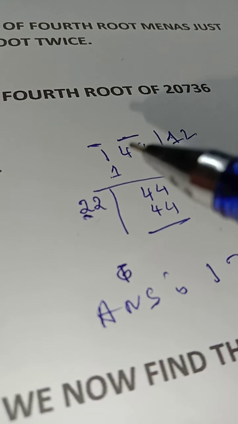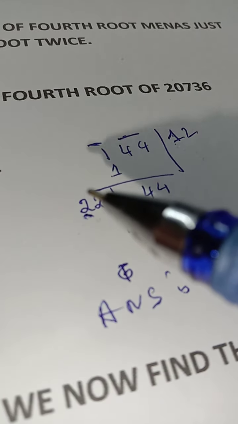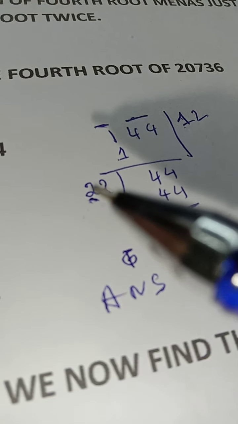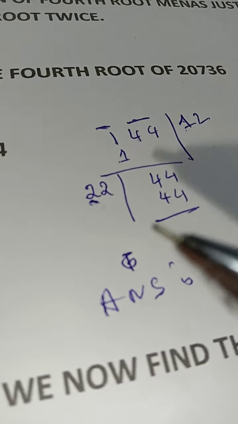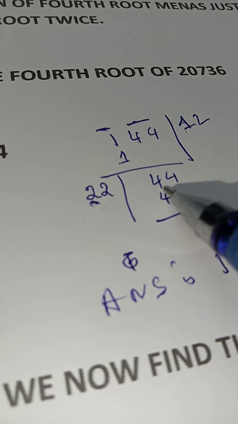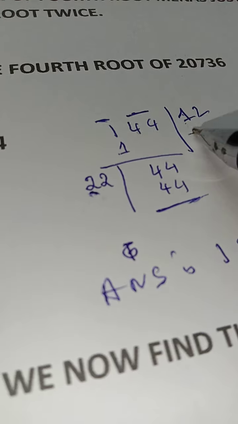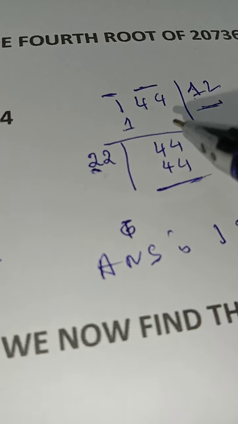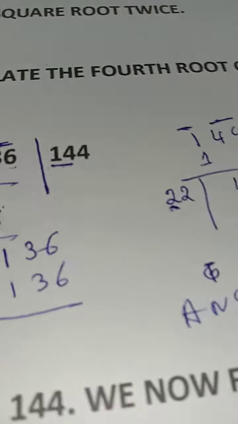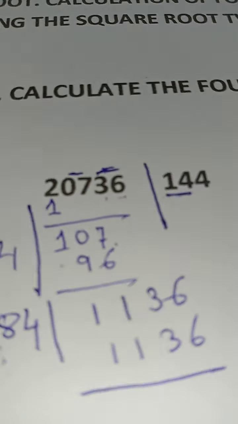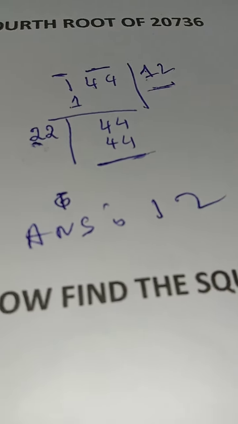And then you put the 44 together and get a number such that when you multiply the whole thing by 2, it becomes as close as possible to 44. In fact, it becomes exactly 44. So the answer is 12. That means the fourth root of the original number 20736 is just 12.